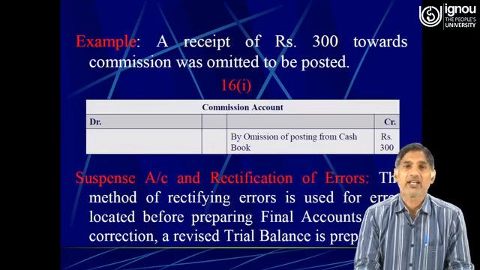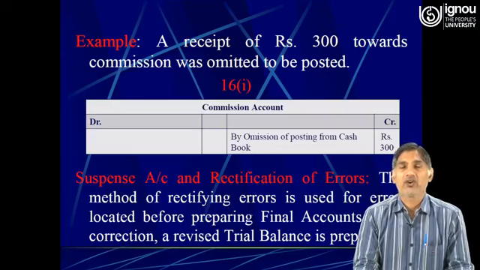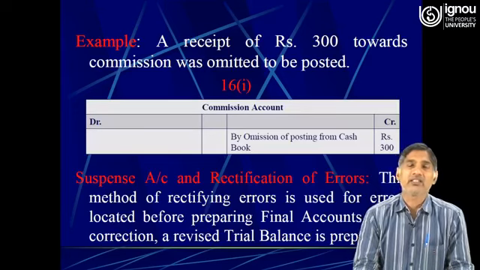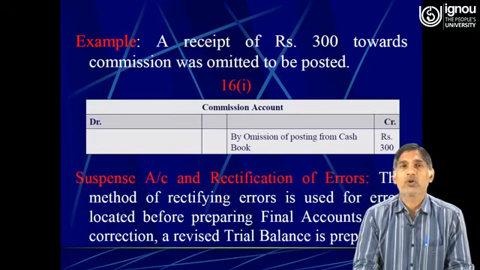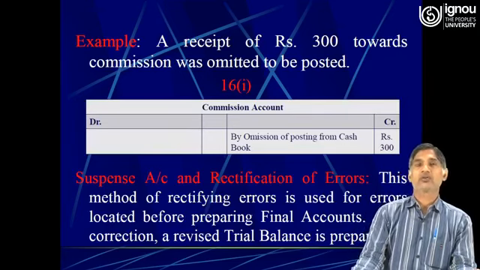Well friends, as I have already discussed, the one-sided errors are rectified either by putting a line on the wrong figure and writing the correct figure above or below the wrong figure, or one-sided errors can also be rectified by making an appropriate journal entry with the help of the suspense account.